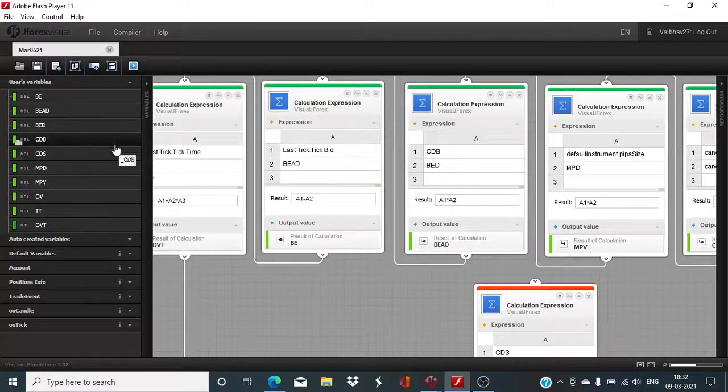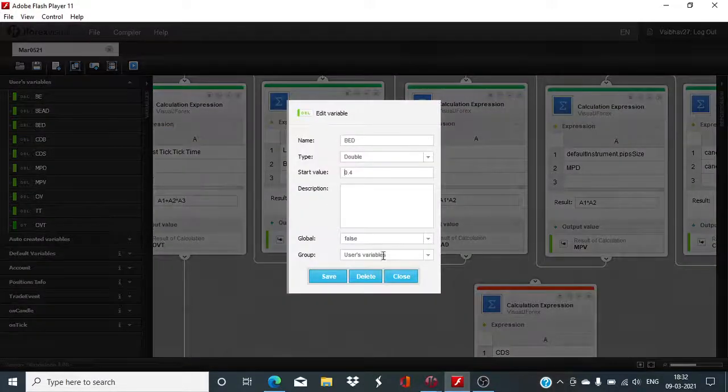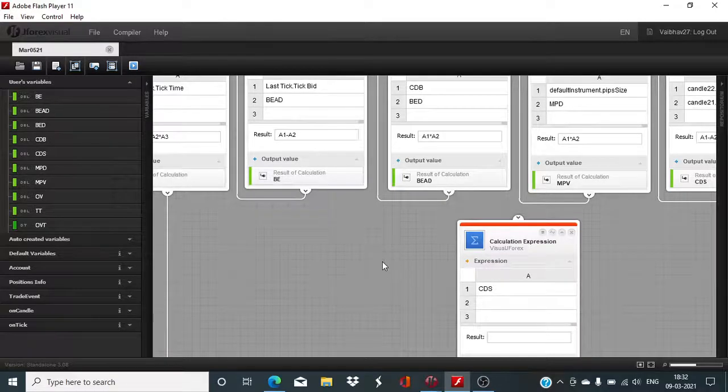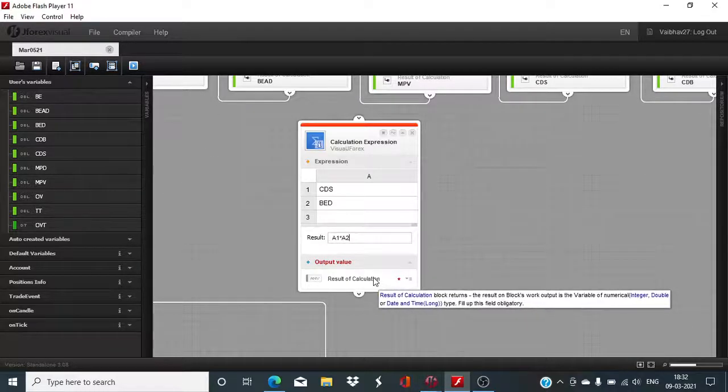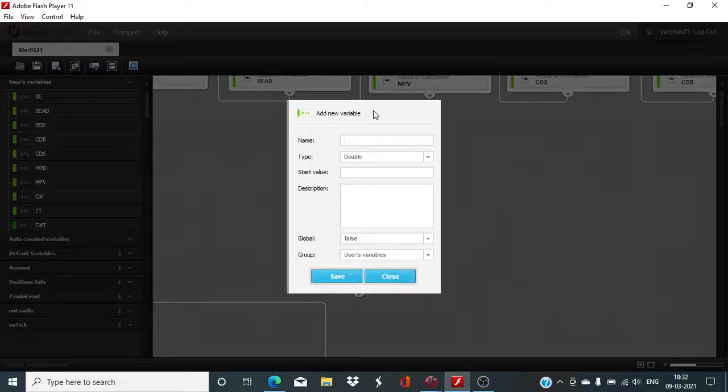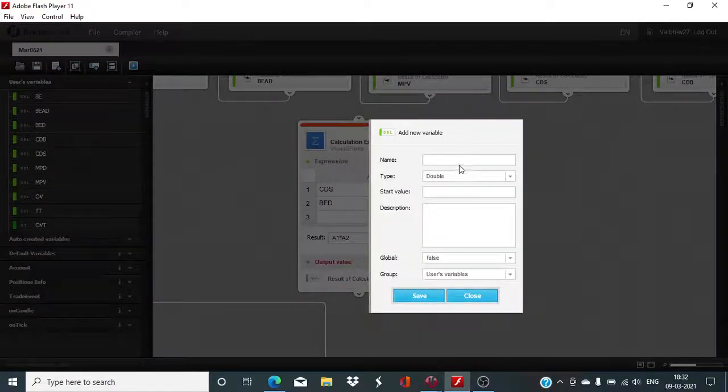Now let me check one more time. Yes, and here this should be A1 into A2, and this will be the sell execution candle difference.